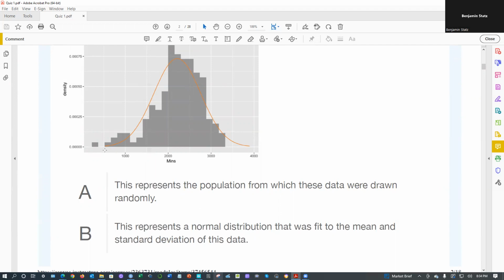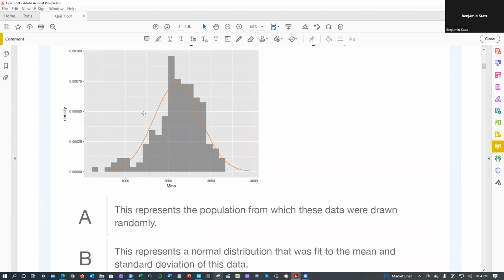We simply have an overlay, a small smooth curve, on top of the sample histogram. Normally we call this a sample histogram because it is based on a sample. If it is based on a population, we call it a population histogram.